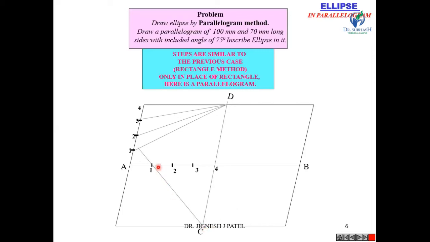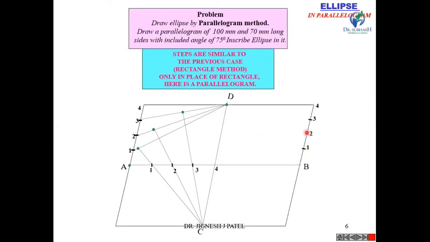Similarly, join C1 and extend it up to 1D. Join C2, extend it up to 2D. Join C3 and extend it up to 3D. So these points are P1, P2, P3, P4, P5. Similarly, you will get points on this side also.